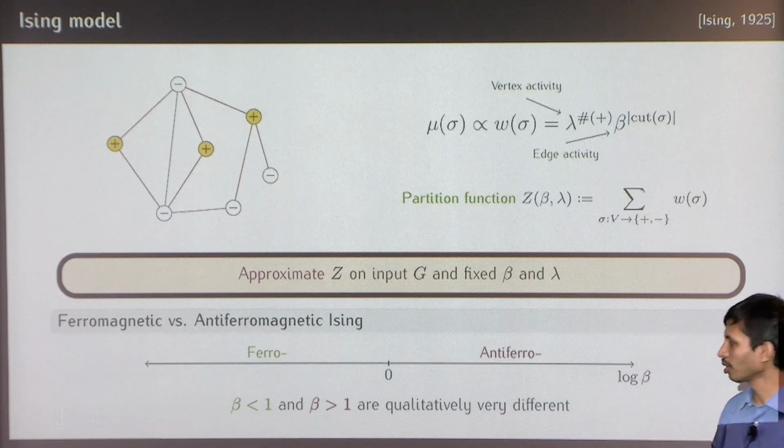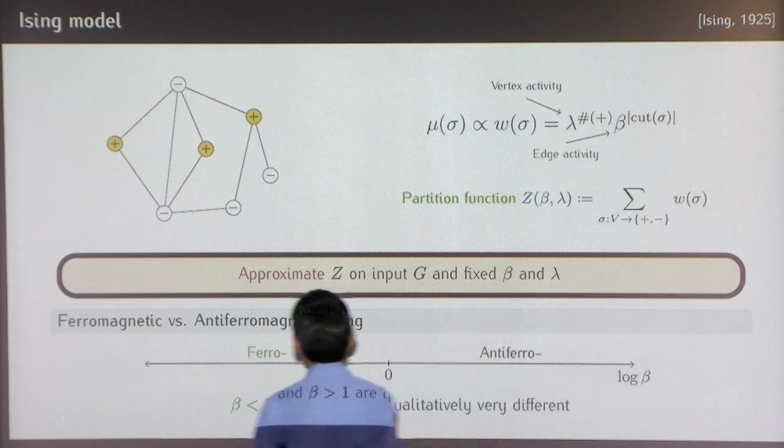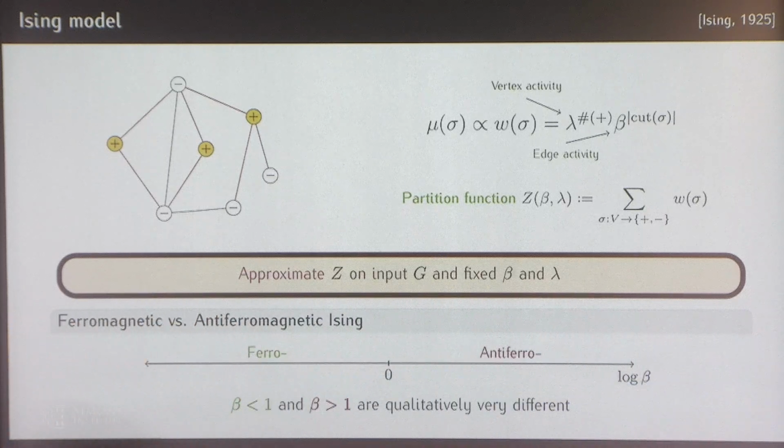And we'll be looking also at two different qualitative regimes of the Ising model. This also was in the talk in the morning. The so-called ferromagnetic regime corresponds to beta less than 1 in this parameterization. Here the distribution biases itself to those configurations which have agreements on edges.